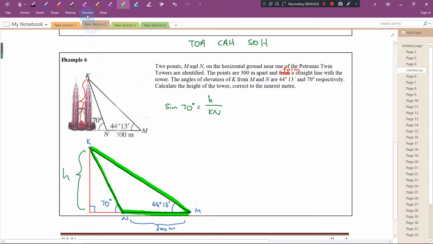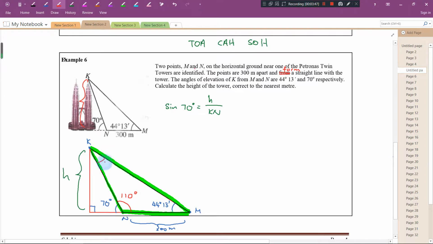I can use the sine rule to help me get the length of KN. If this is 70 degrees, you know that here must be 110 degrees, because a straight angle is 180 degrees. You take 180 degrees minus 70 degrees, and you get 110 degrees. We also know that the sum of the interior angles of a triangle is always 180 degrees.